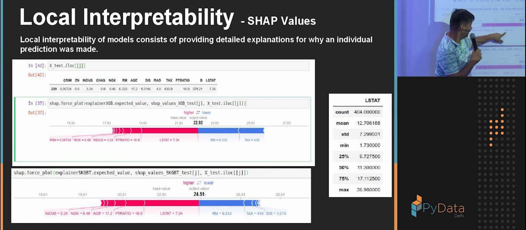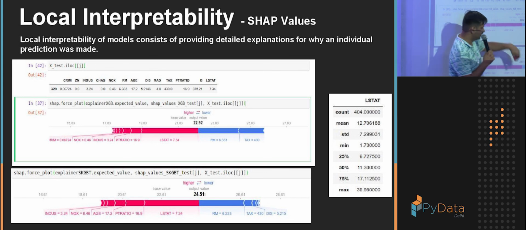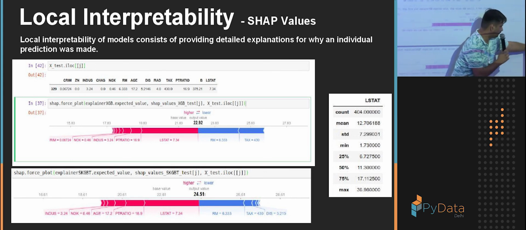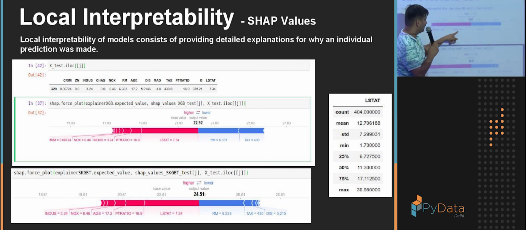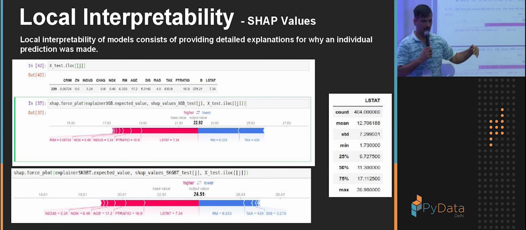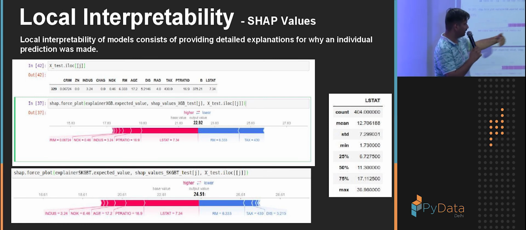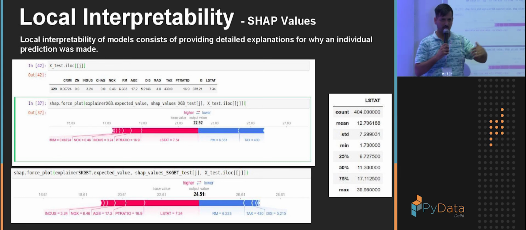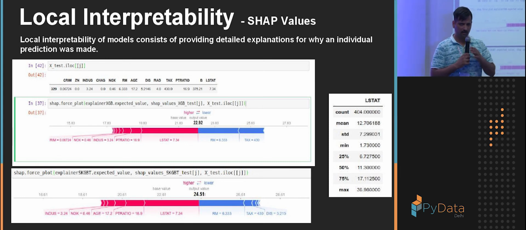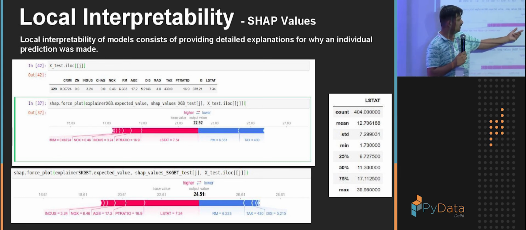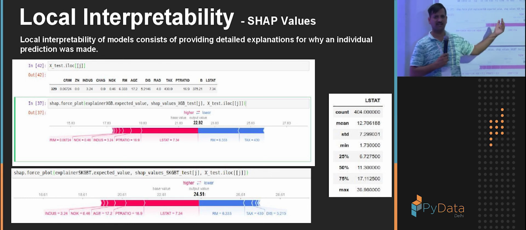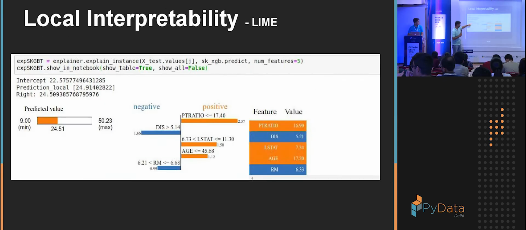Something like my percentage of lower status people: the median or mean value is 11.3, but my value is 7.34. The percentage of lower status people for this particular area is low. So that's why my housing price is higher. Just a reason, actually. Okay, LSTAT is described like why it is higher, because this feature makes it higher.